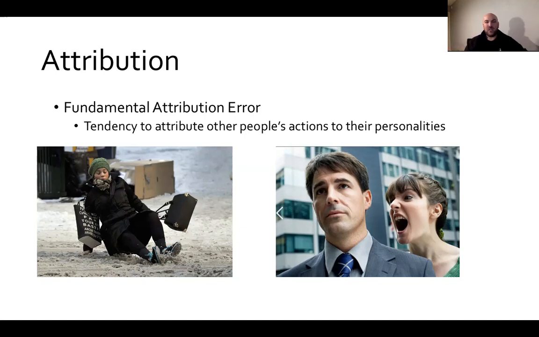And what you find time after time, even in other countries besides the United States and even European countries, is that people commit the same kind of attribution mistake. They call this the fundamental attribution error, which in short is our tendency to attribute other people's actions to their personalities.